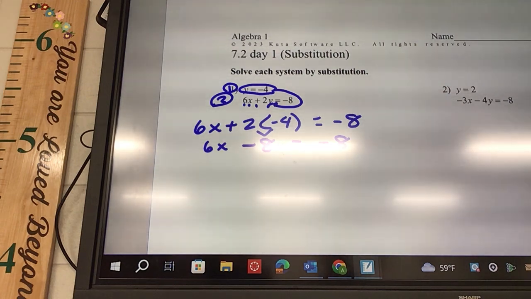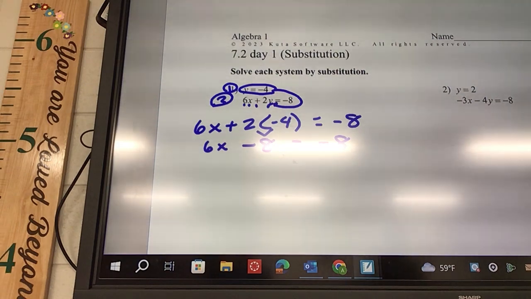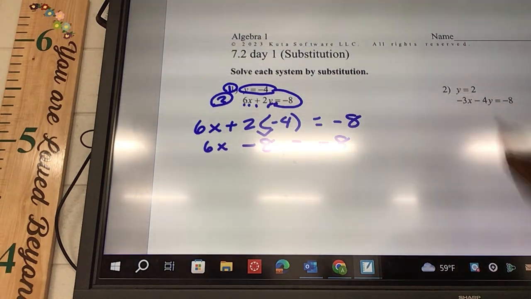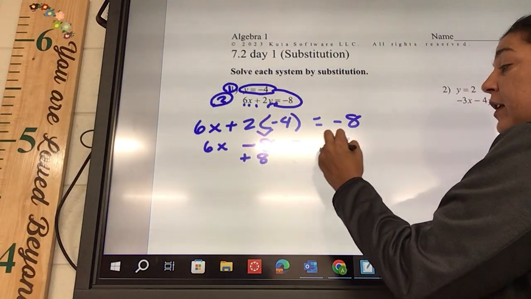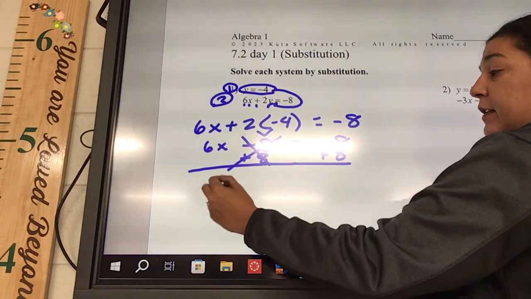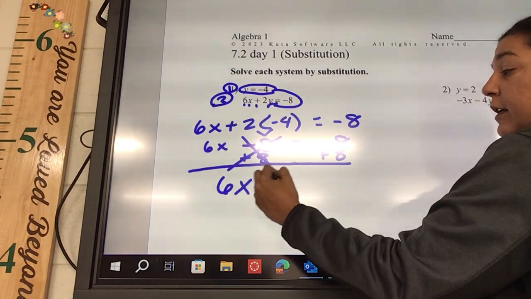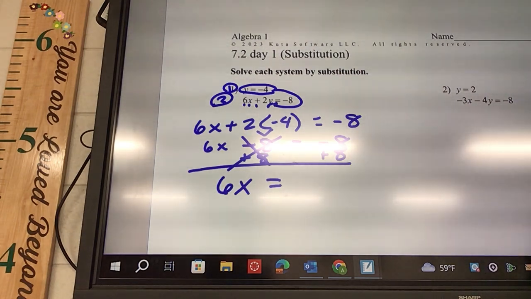We're solving for x now. Who needs moved? The -8. Okay, and more specifically this -8. So we're going to say plus 8, because we do the opposite, plus 8. Okay, well these ones cancel, which is what we want. So on this side we have 6x equals, okay, well what is -8 plus 8? 0.